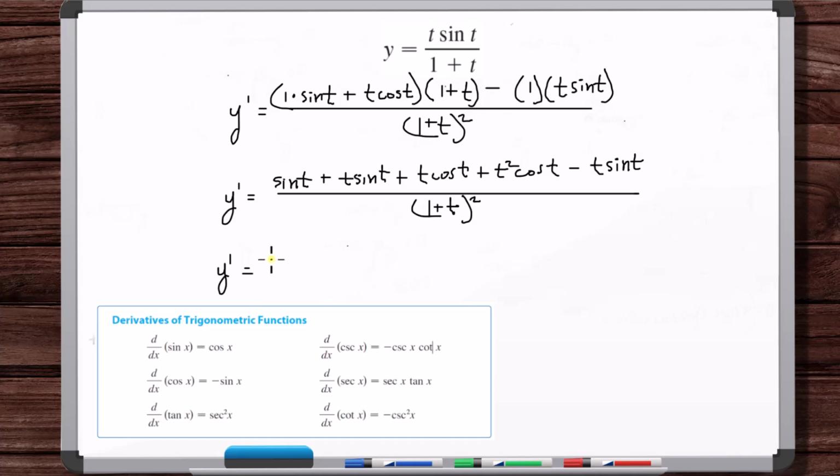So we've got t squared plus t cosine of t, and then these go away, so we're left with just sine of t.